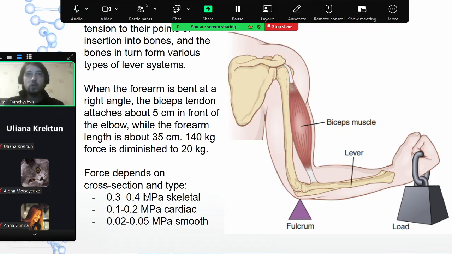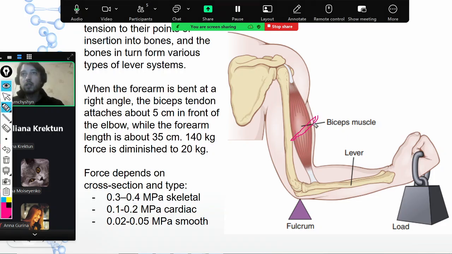In this case, we have units of pressure because we are basically talking about what? We are taking some cross section of the muscle. This cross section has a certain area. If I take the force that the muscle exerts and I divide that force by this area, I will get some number.